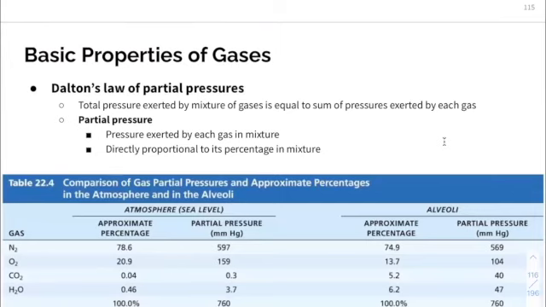They have their own pressure. Carbon dioxide, of course, has its own pressure. Even water vapor, that H2O. They're all going to exert their own pressure, which is actually going to equal atmospheric pressure.